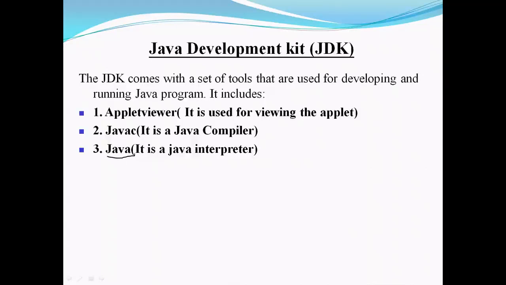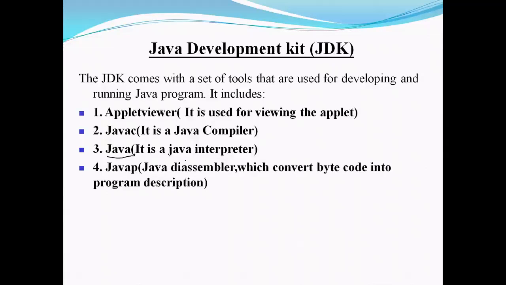Once you have your compiled bytecode file, you can execute it by using a command called java. Later on, when we actually start developing the Java program, we are going to use all these commands.